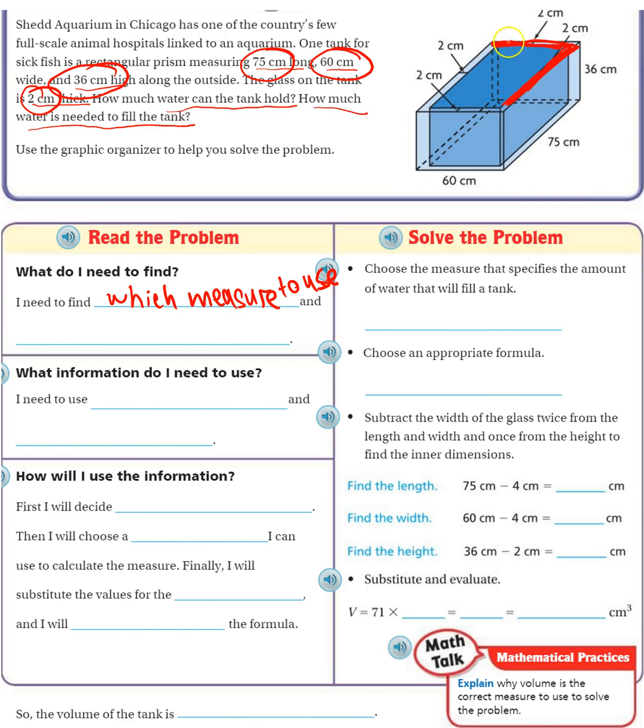So that affects our dimensions, right? We can't put water in where the glass is. So that affects our dimensions. And we need to know, of course, the amount of water the tank holds.